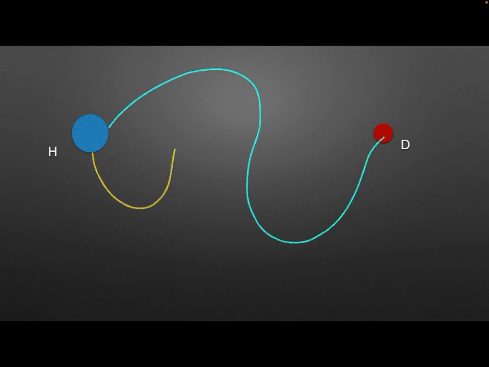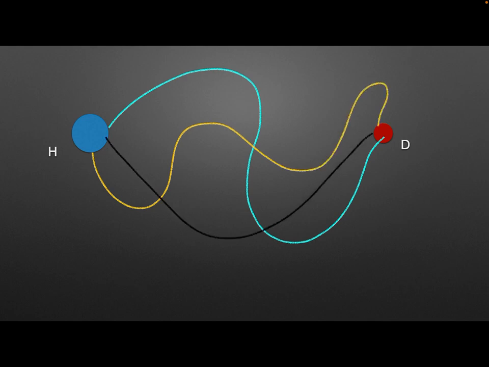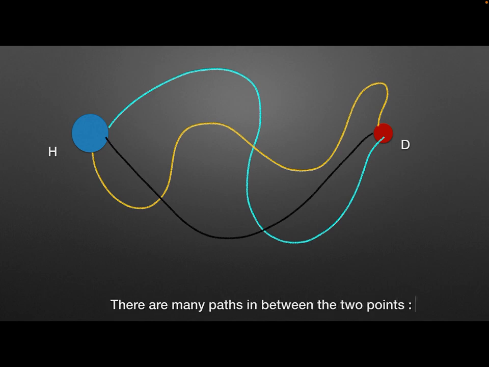Your friend can choose this path, the yellow path. And I think this can be another path. And in this way, one can find many paths. So there are many paths between the two points.